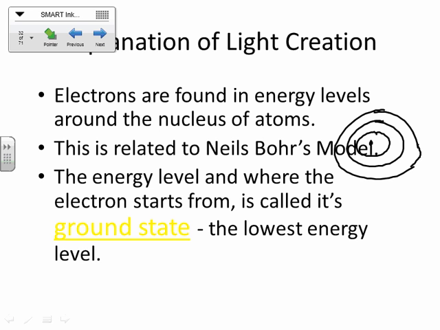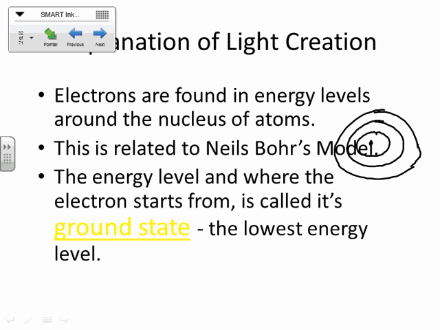So the energy level where the electron starts from is called its ground state. We're going to look at hydrogen in just a second. So the ground state, right here, that's where the electron usually is. That's where it exists under normal circumstances.